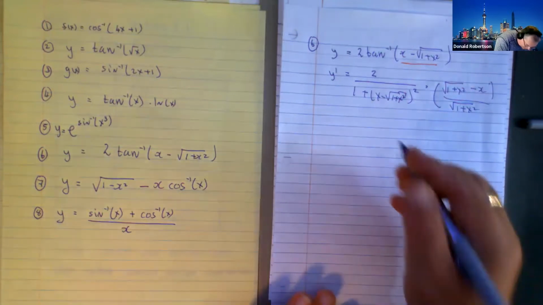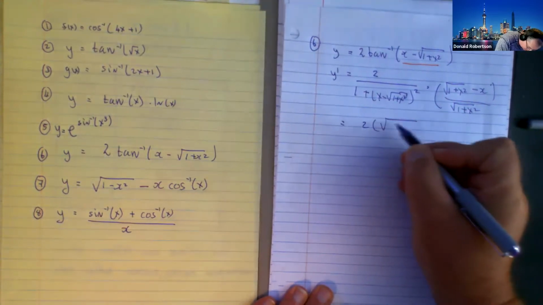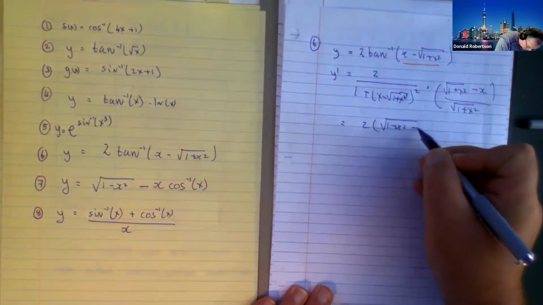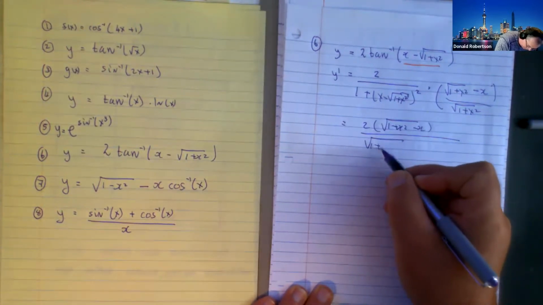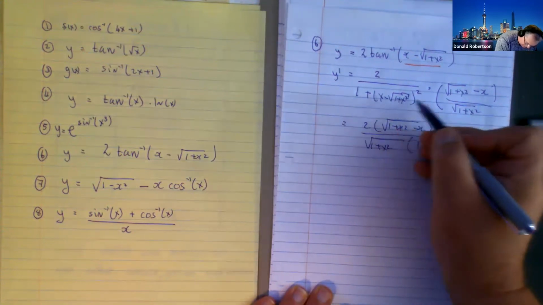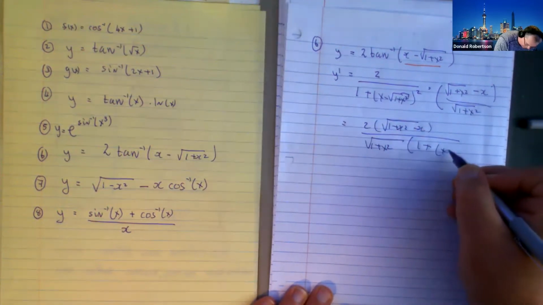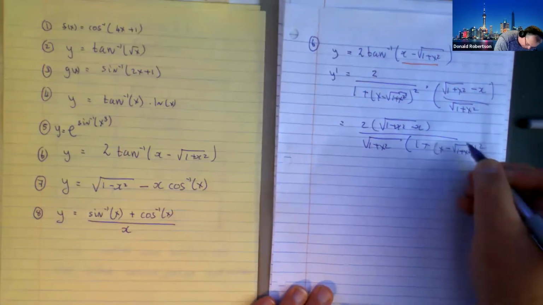I can't see anything that I can do to make this look pretty. I mean, I could square that out. I don't think there's any benefit to it, so I'm not going to bother.